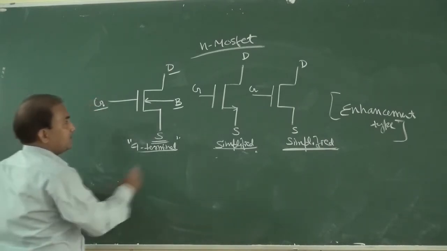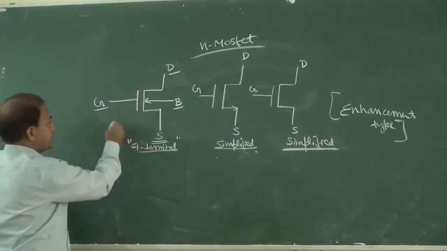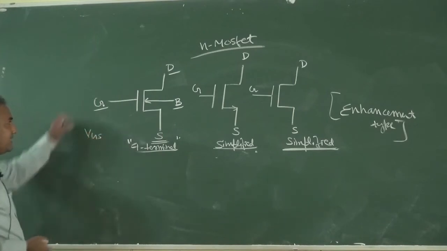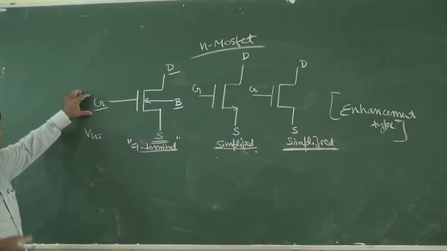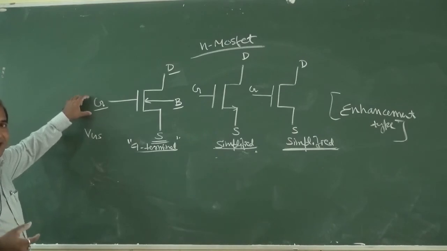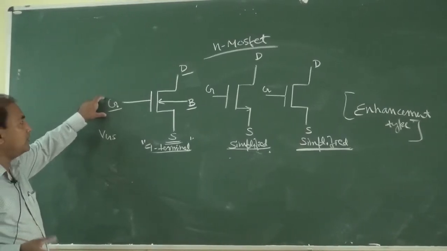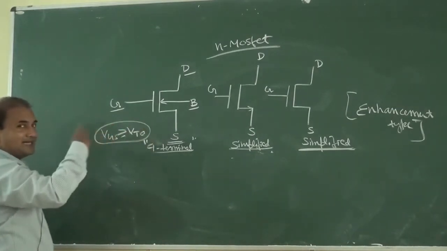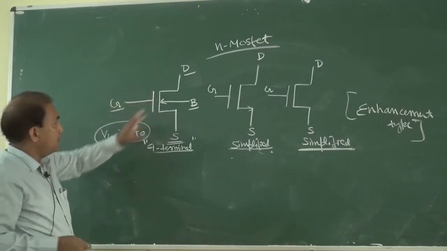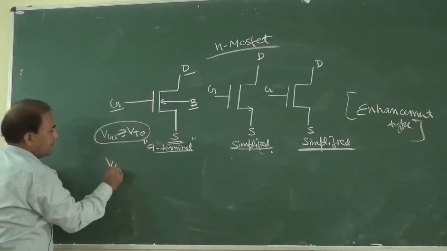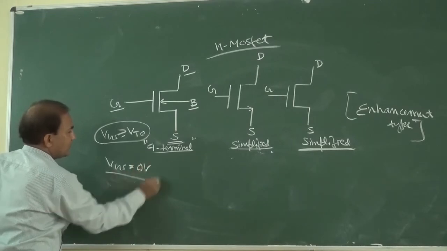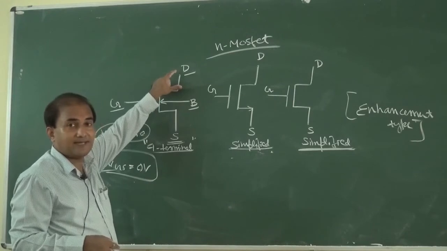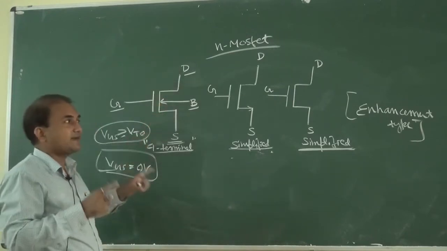So in case of this n channel MOSFET, if VGS, that is the voltage we apply at the gate terminal, is greater than or equal to the threshold voltage of the device, then only a channel is created. If VGS is equal to 0 volt, then the channel is not created, so current will not flow between the drain and source terminal, in case of enhancement type.